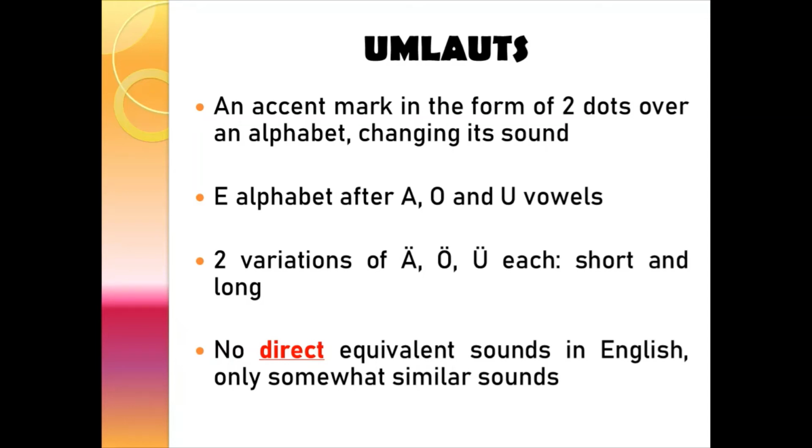Now, in German language, we have just 3 alphabets on which we put these 2 dots, or umlauts, as we call it. Those three alphabets are A, O, and U.